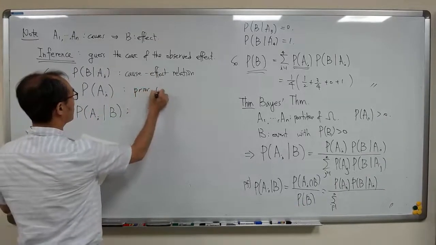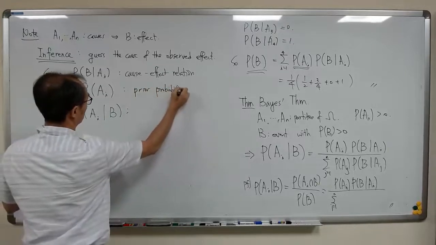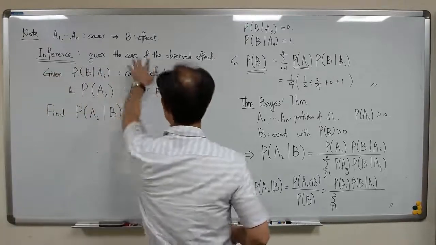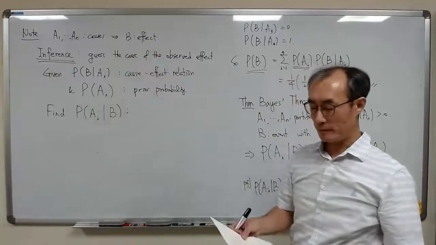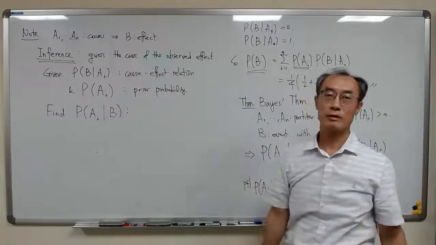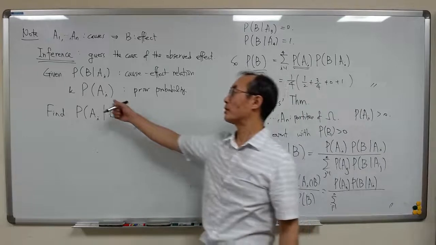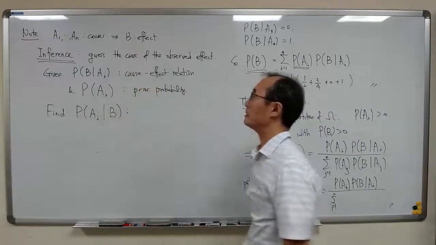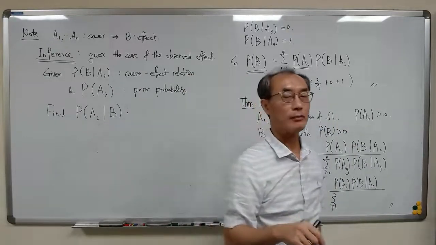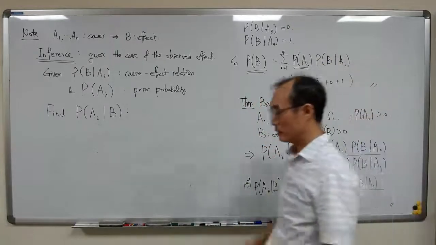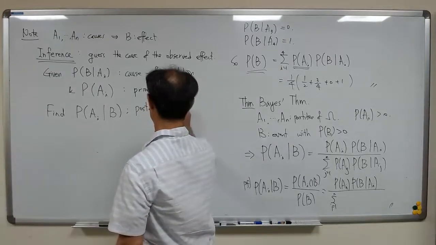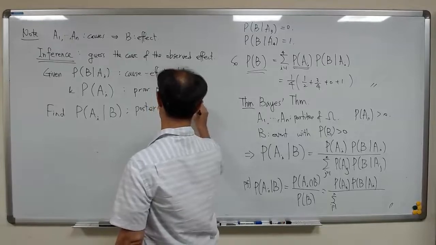This one is called the prior probability. That's the probability of this event before we know the result B. Prior is something related to before. But this is the probability of Ai after we have information of the effect B, so this is called the posterior probability.